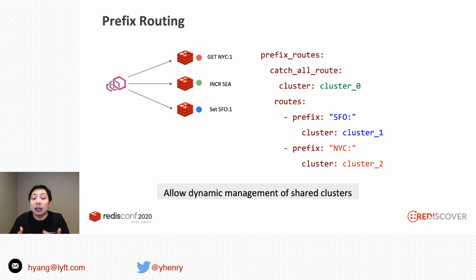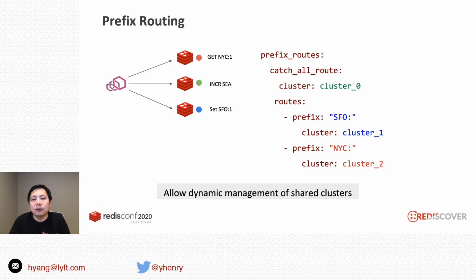So that's what we can use here also. What we can do is borrow this concept of routes, and based on the prefix of the key, we send them to different routes, aka send them to different clusters.